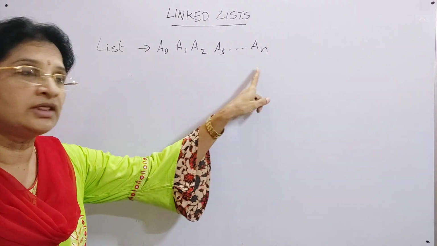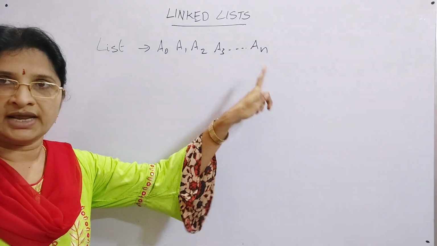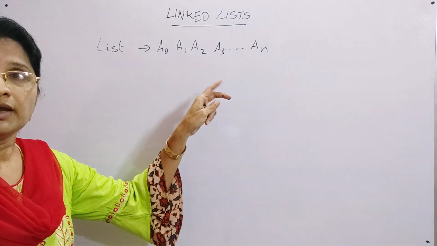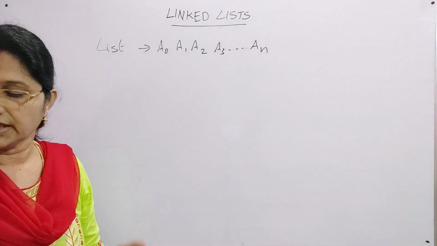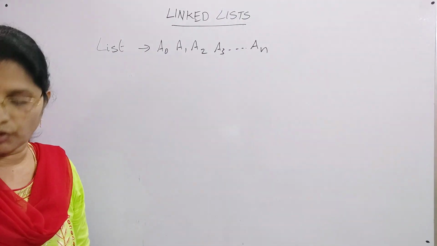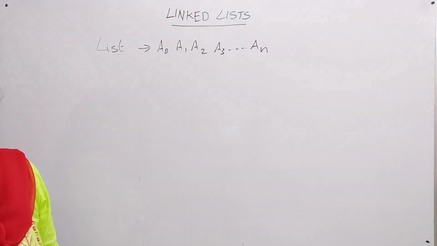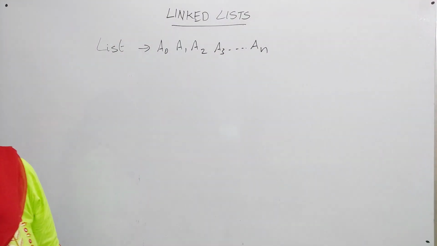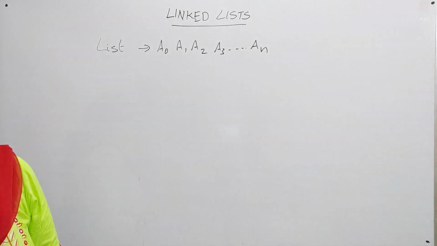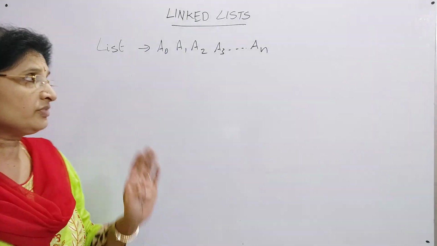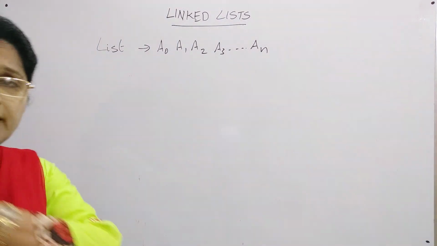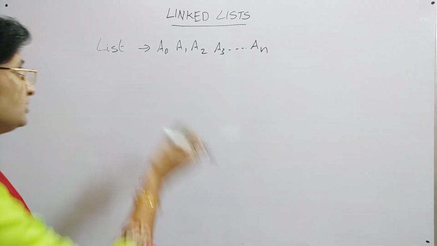Like this, all the elements are linked to one another. So the list as a whole acts as a unit; the pointers provide the links that hold the list together.